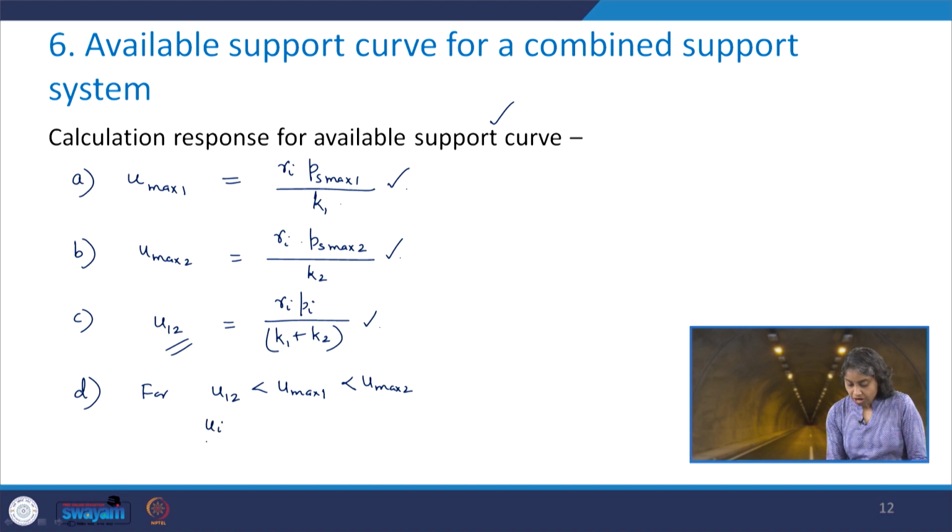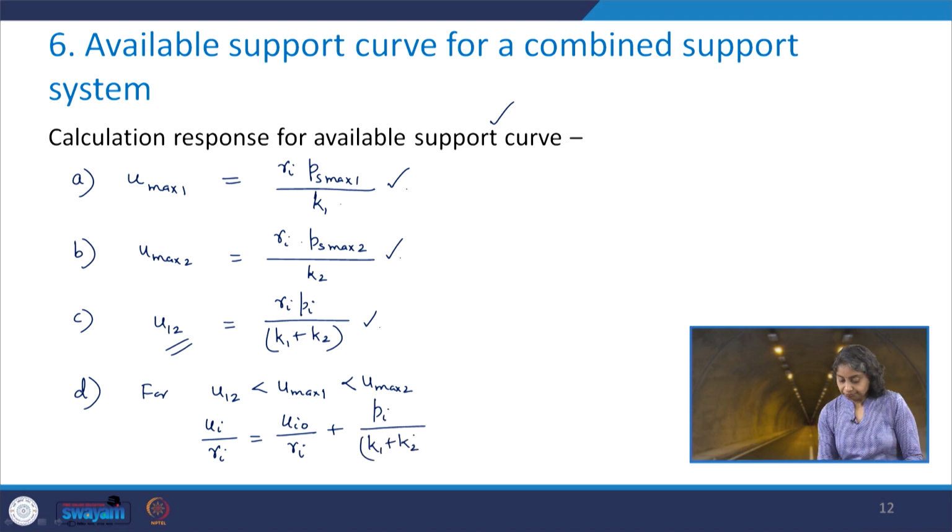That will be ui upon Ri, which is going to be equal to uio upon Ri plus pi upon K1 plus K2. Since here u12 is minimum, the stiffness of the combined support system is going to govern the available support curve, and therefore, instead of K, here we are writing K1 plus K2.